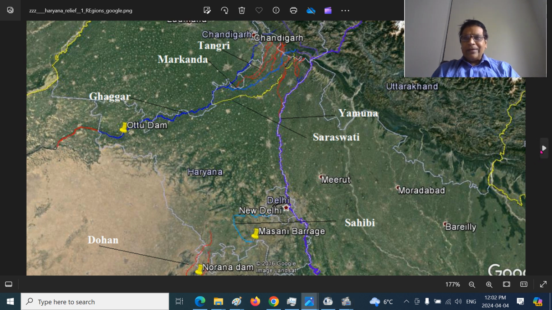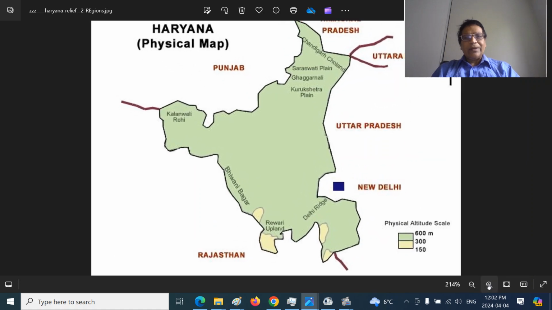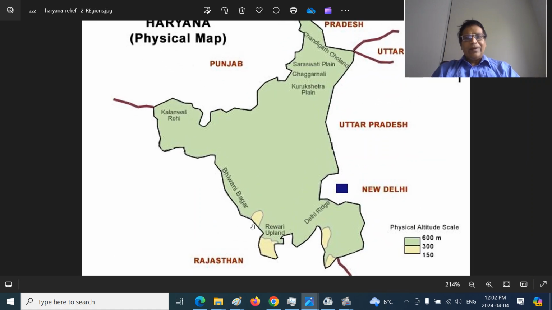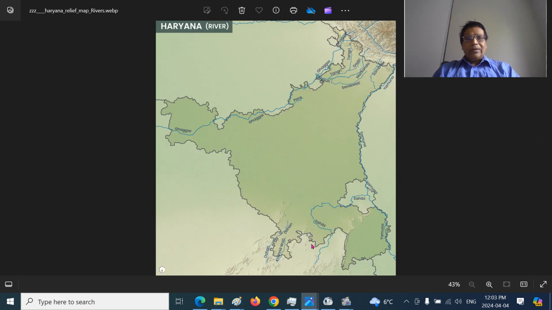And can we see here a little bit? This is not that clear. You can see the Rewari upland. These are the mountains. This is the Firozpur Jhirka, Nuh, and Sohna mountains here, Khetri mountains, and Madhogarh mountains here, Bhiwani Bagar, Alwar mountains will be somewhere here. This is the elevated land.